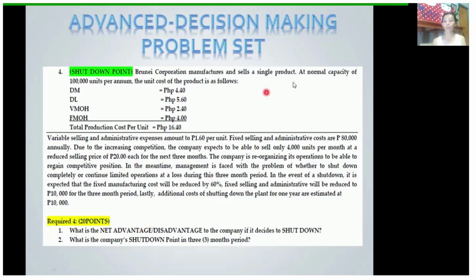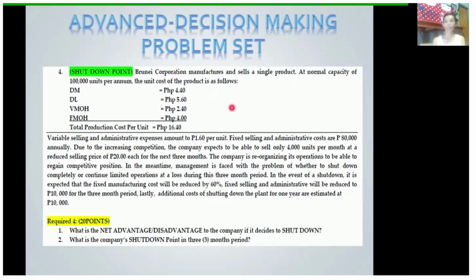So at normal capacity of 100,000 units per annum, so per year, the unit cost of the product is as follows. So DM, direct material, we have 4.4 pesos. So si Brunei Corporation manufactured its item in peso currency.